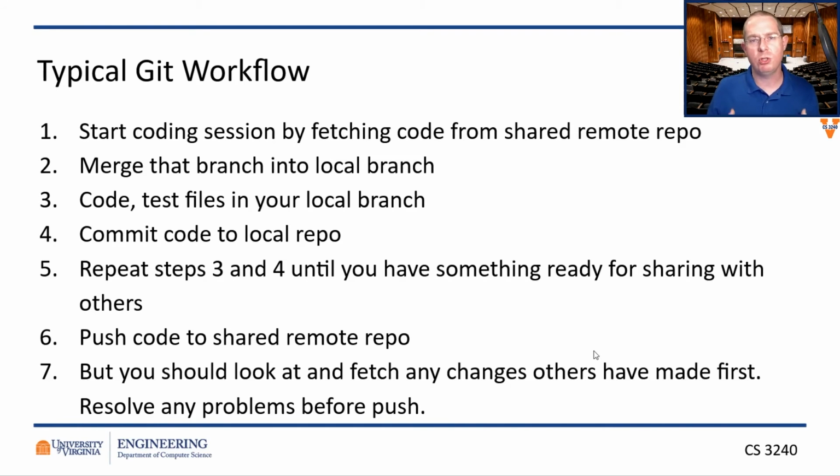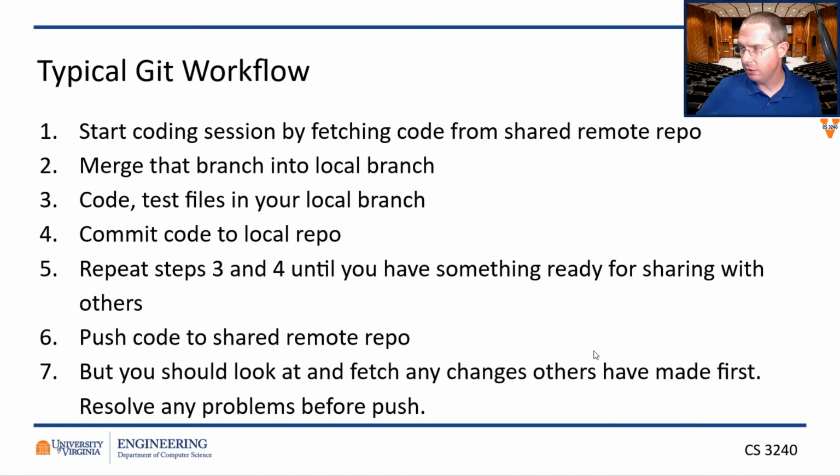Your workflow should look something like this. You fetch the new code. If there are new branches you're working with, you merge those in, you start coding, and you commit locally over and over until you feel good with where your code is. Then you push it back up, or you make a pull request, which is a GitHub thing, and then you go from there.